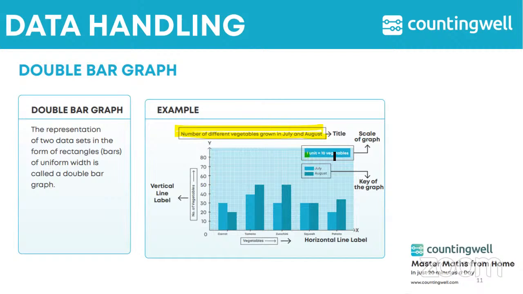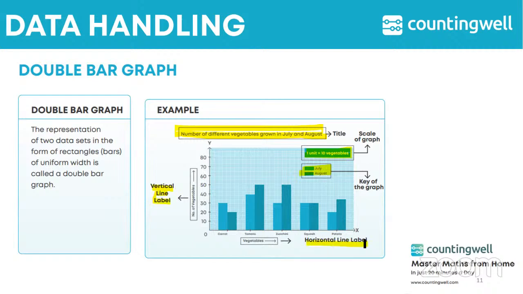Then we have the scale of the graph, which is 1 unit equals 10 vegetables. Then we have the key of the graph, where the dark shaded bars represent August, whereas the light ones represent July. Then we have the vertical line label and horizontal line label.